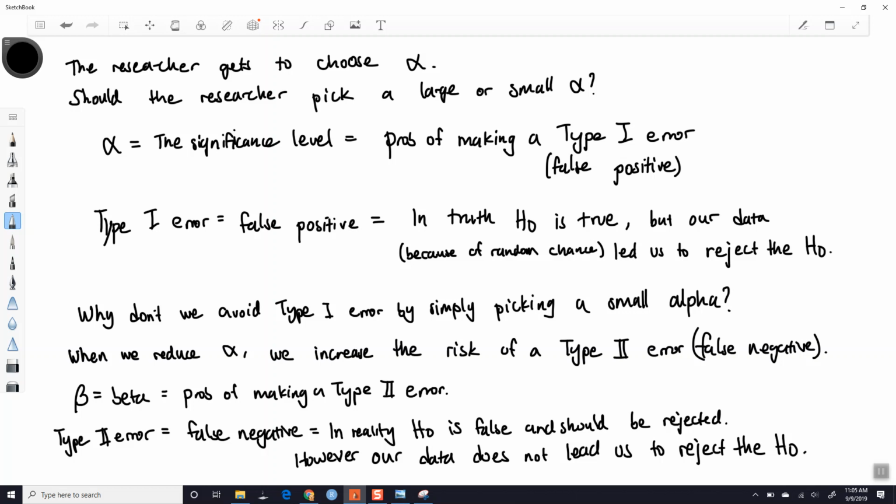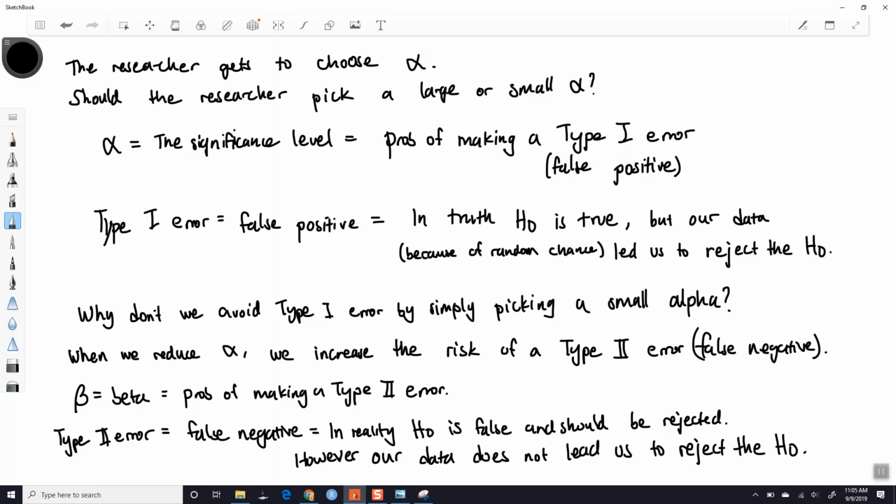However, if it turns out that they were cheating, then we made a type 2 error. Ideally, we wish we would have caught them cheating, but maybe playing 5 games wasn't enough. Maybe we had to collect more data, play 500 games or something to come to that conclusion.